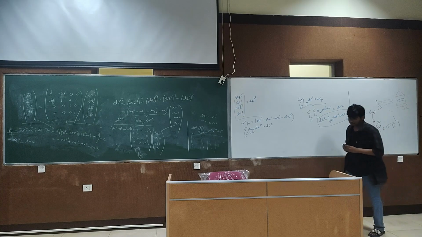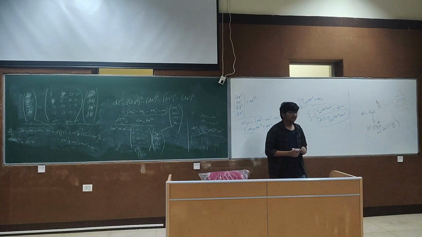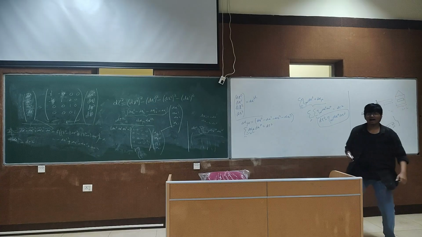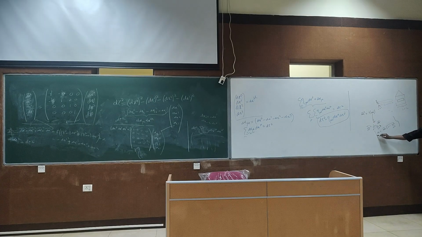I'll rephrase this statement. Any object which is moving with a constant speed with respect to you, if you measure its length, will be less than what it measures by itself.